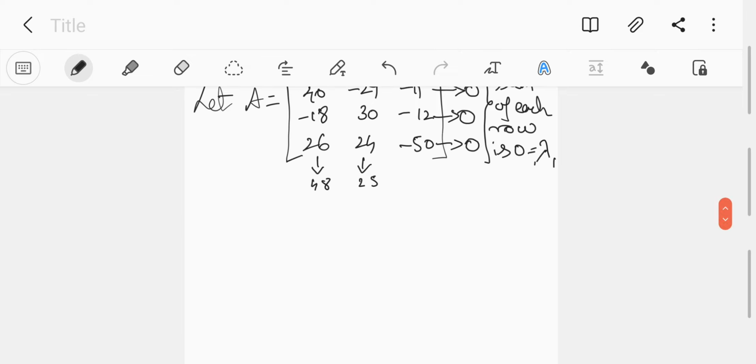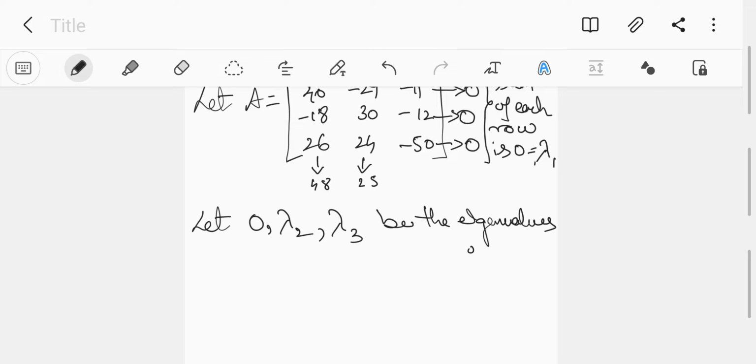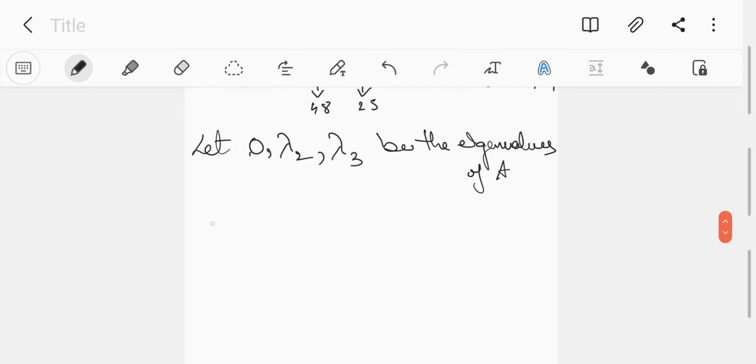Fine. So now let 0, lambda 2 and lambda 3 be the eigenvalues of A. Okay, lambda 1 is 0, that is why we have taken 0, lambda 2 and lambda 3, since we have 3 eigenvalues. So what is the second rule? The sum of the eigenvalues, that is 0 plus lambda 2 plus lambda 3, is equal to the trace of the matrix A. What is trace?